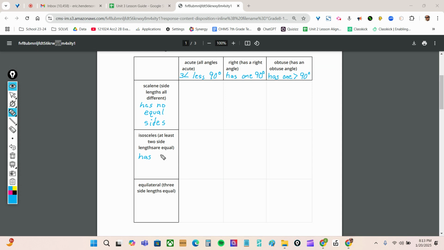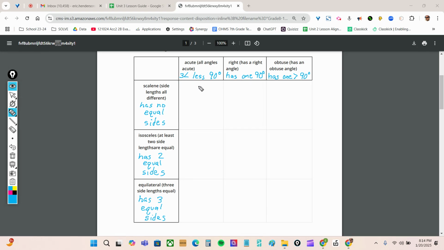And equilateral has 3 equal sides. All right, so with your partner, you're supposed to draw a triangle that represents the properties.